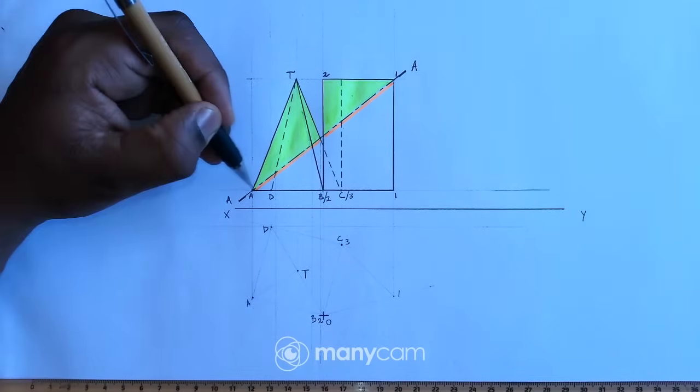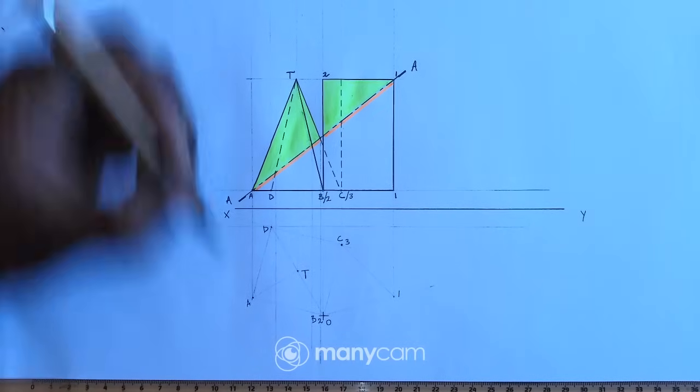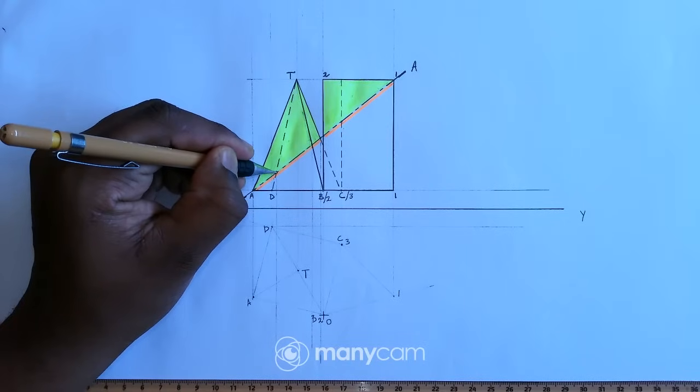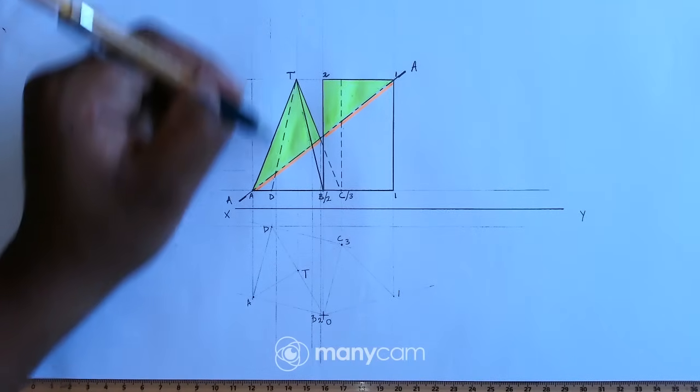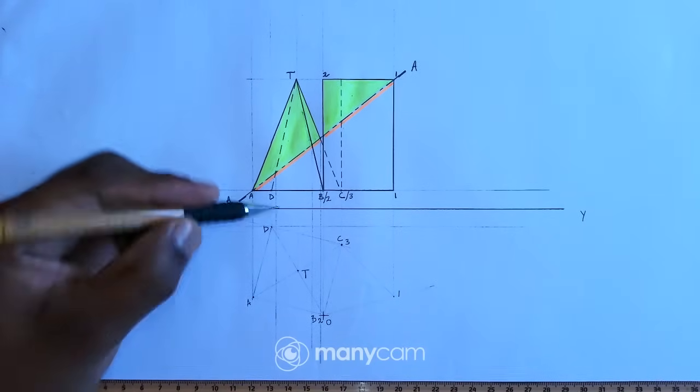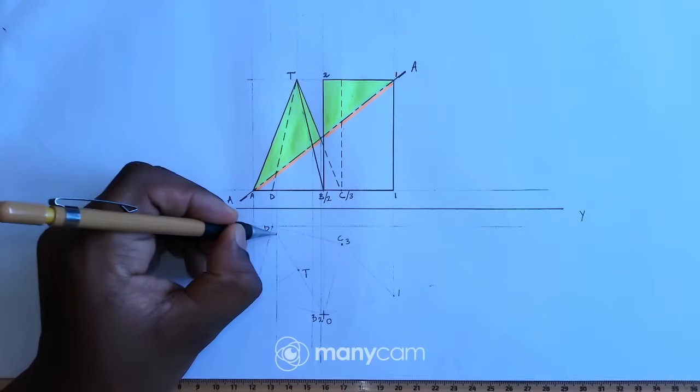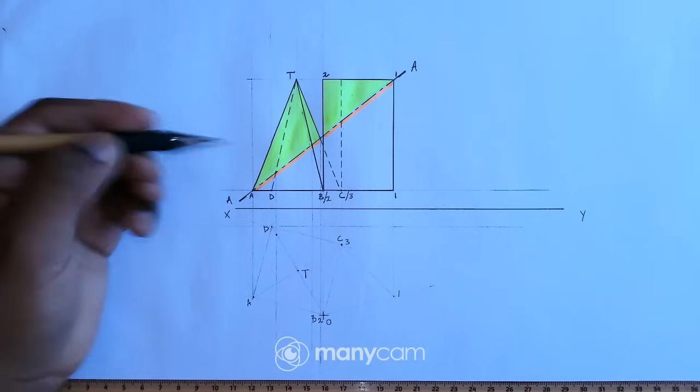So, okay, I'll start with this point. Obviously, this point is right there, right? Then the next one here we have line TD, right? Where is line TD from the top view? TD is right there. That means we have a point there.